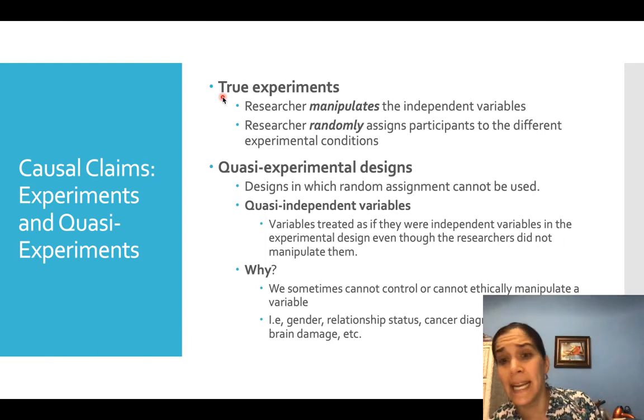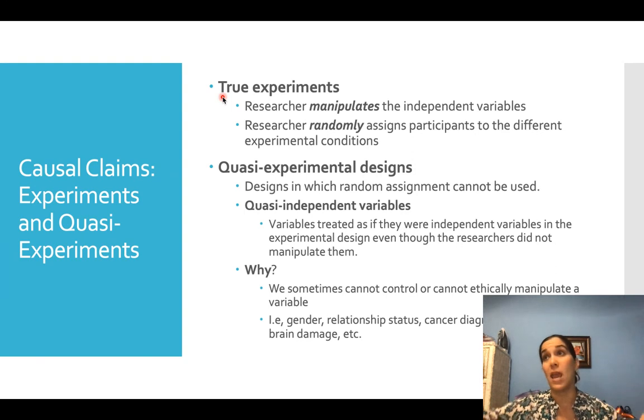And so I can't take a group of people and say, hey, you have cancer, you don't have cancer, right? That's unethical. I can't give people cancer just to answer this question. So I can't randomly assign them. I can't manipulate this variable. All I can do is separate people on this variable and assign them: well, you have cancer, so you're going to be part of the cancer diagnosis group. You don't have cancer, so you're going to be part of the non-cancer diagnosis group. And then I can look at differences in our dependent variable, depression rates, to see if there's a difference between them.